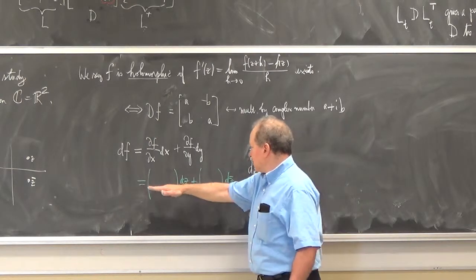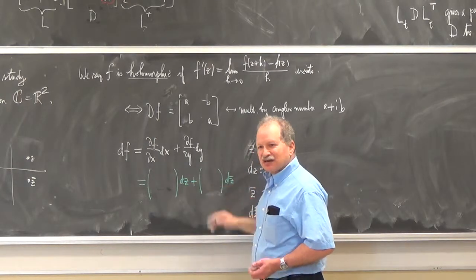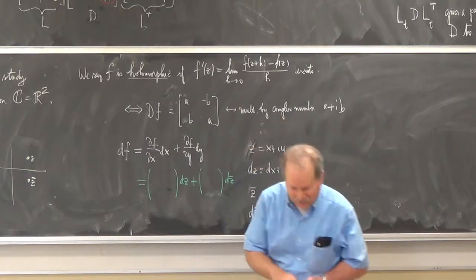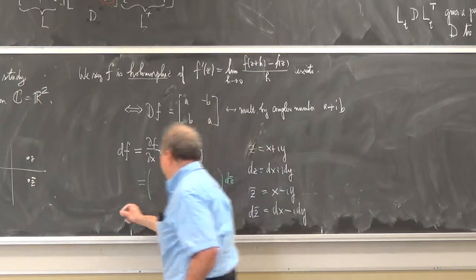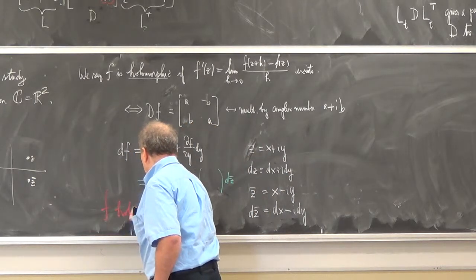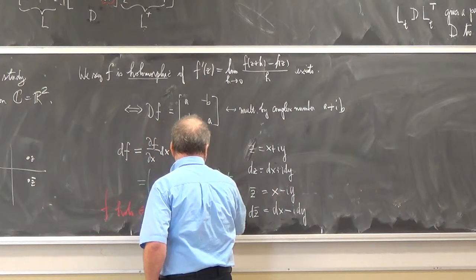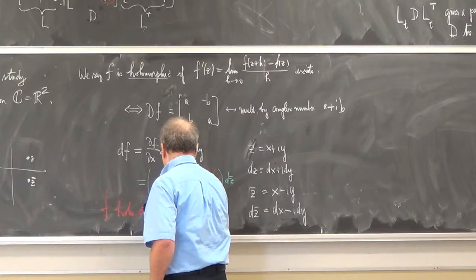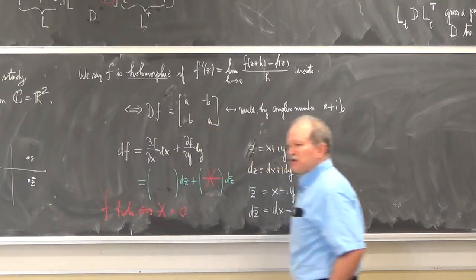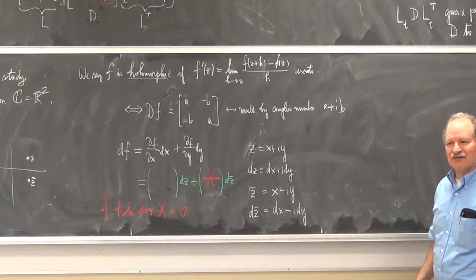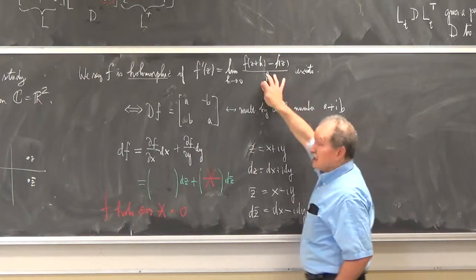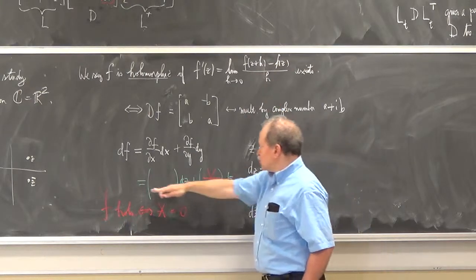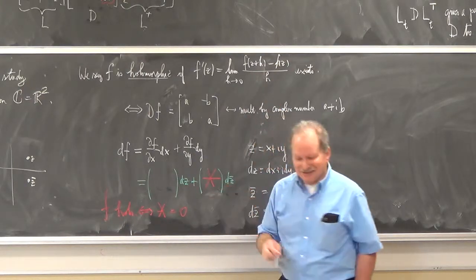Regroup, and you'll have so many dz's plus so many dz bars. It's going to turn out that f is holomorphic if and only if this stuff here is 0. In other words, there's no dz bars appearing when you take the derivative. It's just dz's. So the fact that you have a limit in the complex sense means that when you take the derivative, there's no dz bars.